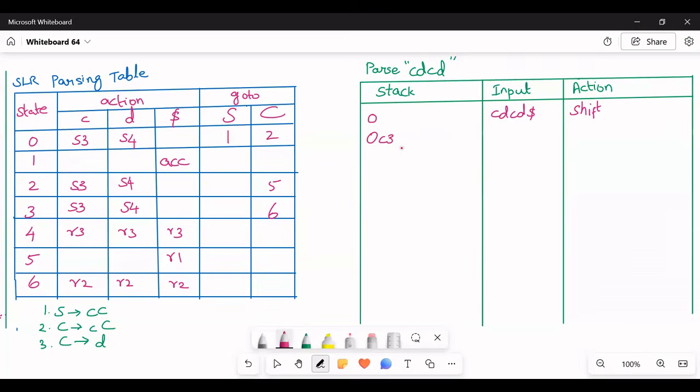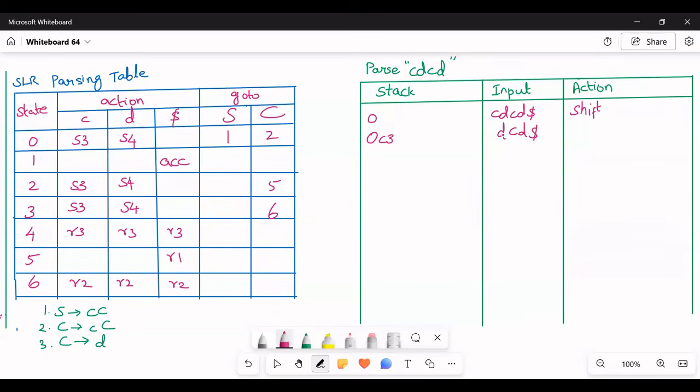But in SLR parsing, LR parsing and so on, we have to shift the symbol as well as the state number. So C3. C is shifted, so the remaining input is DCD dollar. It means that we are advancing the input pointer to the next input symbol.